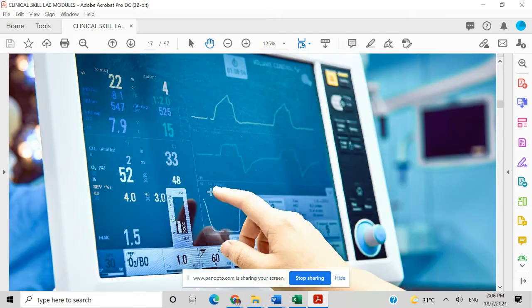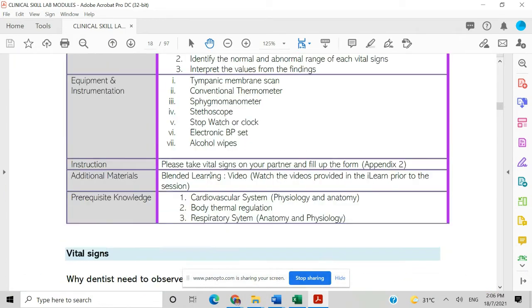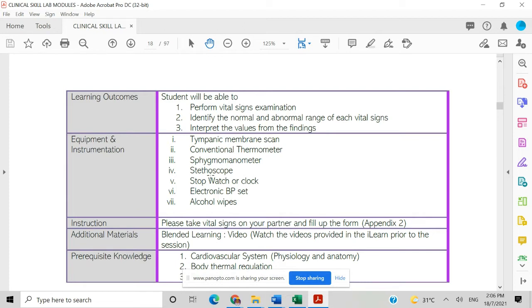In the lab, you will be performing vital signs on your partners, but this briefing will discuss why and when we do vital signs for our patients.